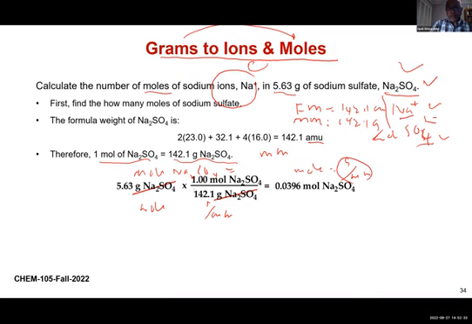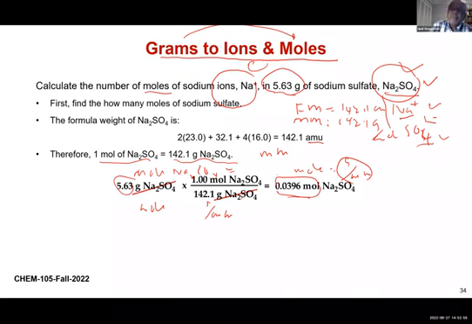We use the factor label method to cancel the sodium sulfate grams here. We end up with how many moles of sodium sulfate there are in that many grams.